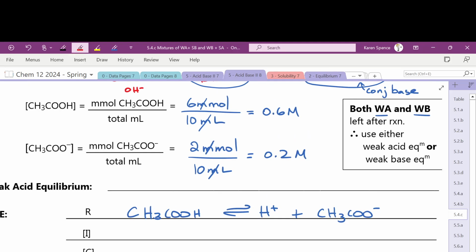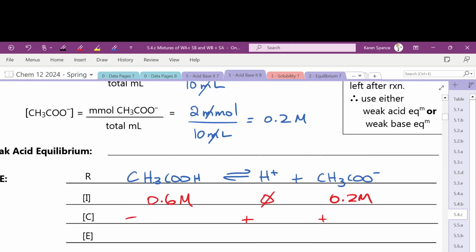Now we start with 0.6 molar of the acid and 0.2 molar of the base. How much of the H plus do we start with? 0. And if we're starting with 0 there, which way does it have to shift? Has to shift to the right.